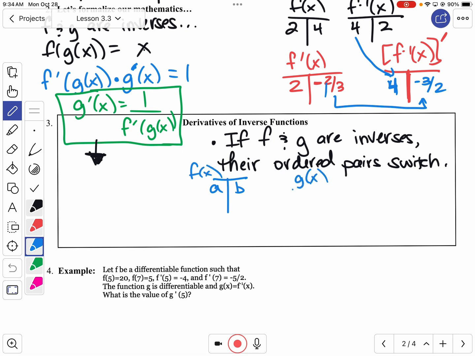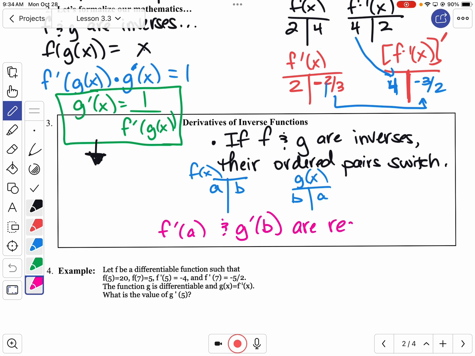On g of x, I've got b and a. Then f prime at a and g prime at b are reciprocals. That's the definition that I remember.